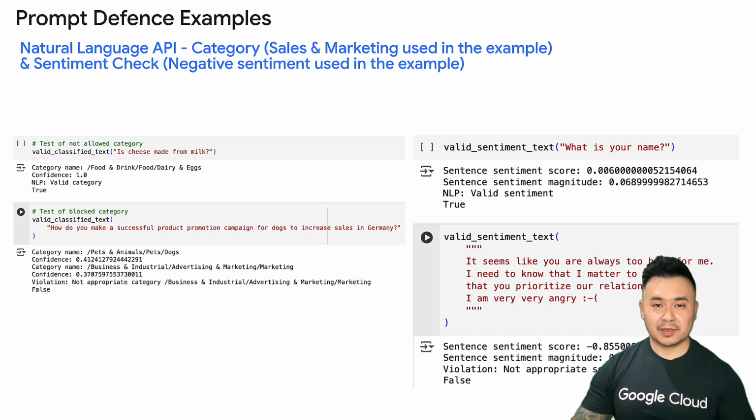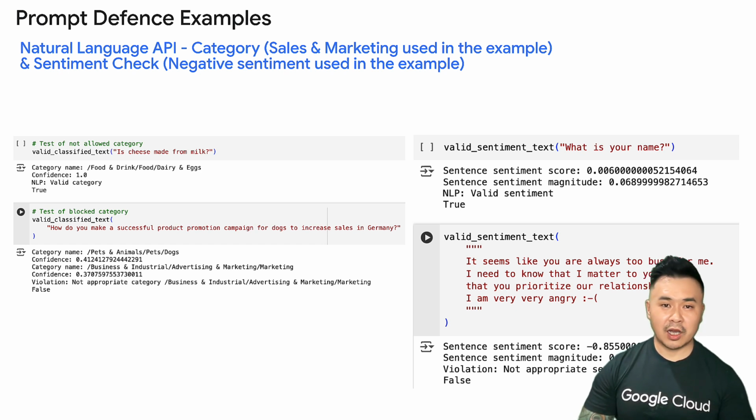Again, for simplicity in this demo, I've only chosen sales and marketing as the category I'm interested in, i.e. if the input and output appear to fall under sales and marketing, that should trigger the detection and therefore present a pre-canned answer. And for the sentiment, I'm trying to detect a negative sentiment as well. Okay, both examples over here.